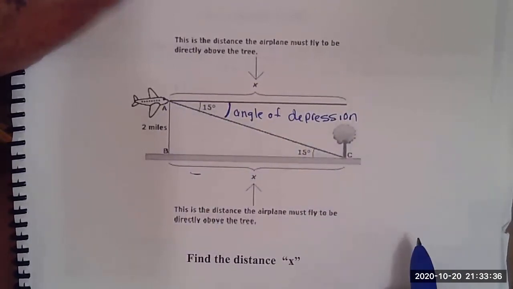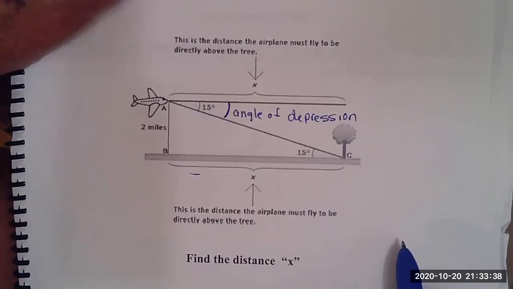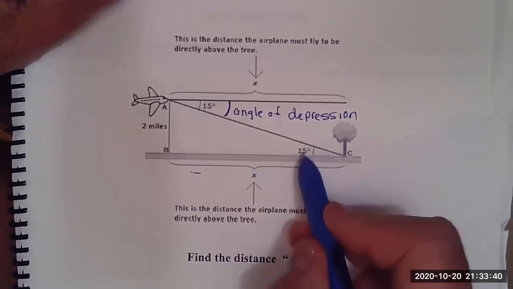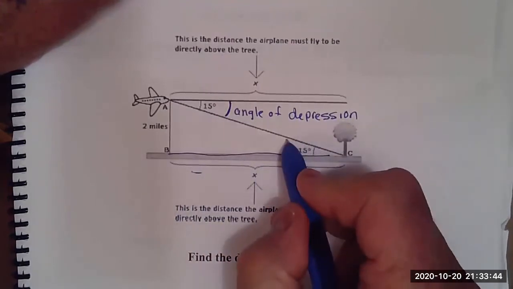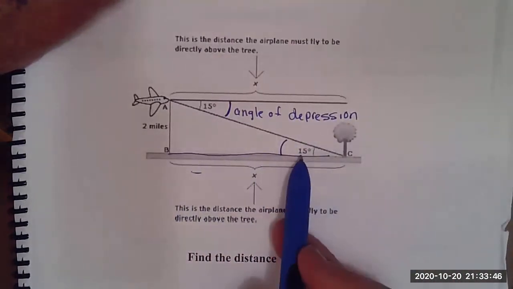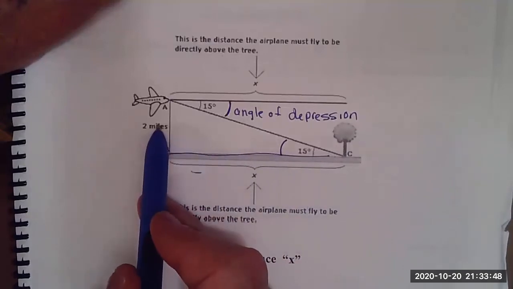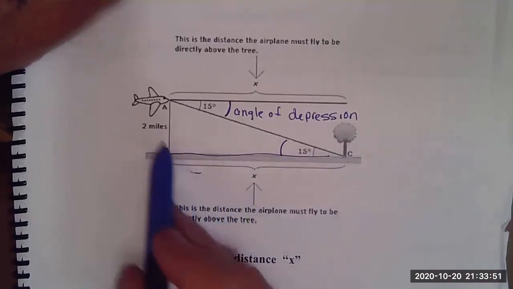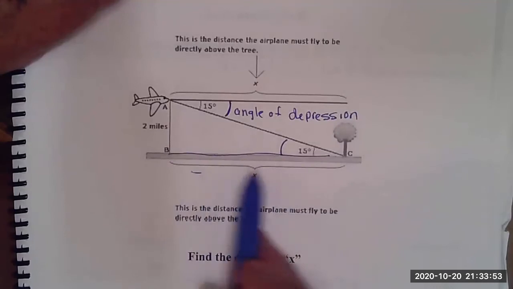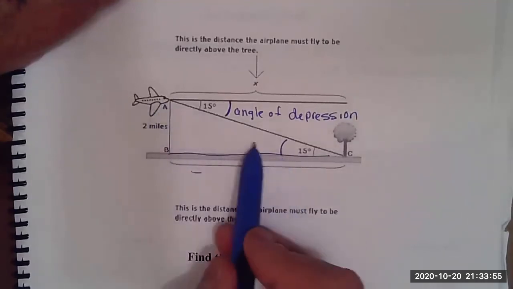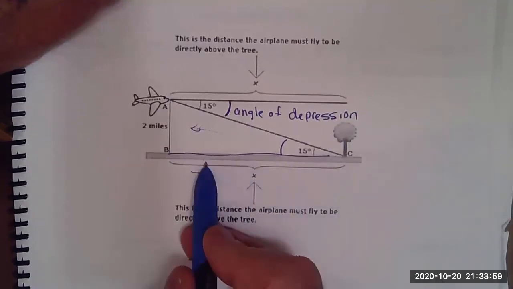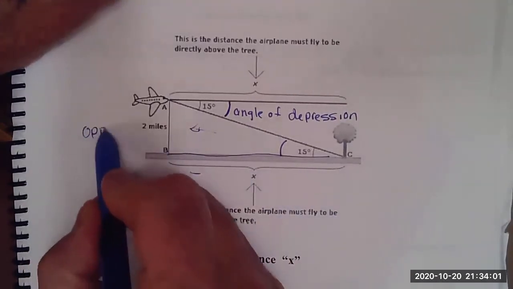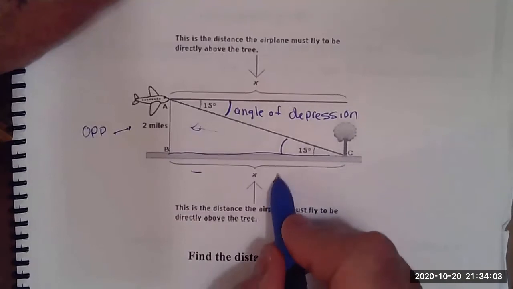So I've got to find out what the variable x is. Well, if I looked at this triangle and I use this angle, 15 degrees, what I know is I have 2 and I don't know the variable x. This is opposite, and this is adjacent.